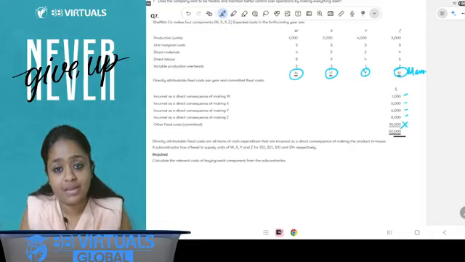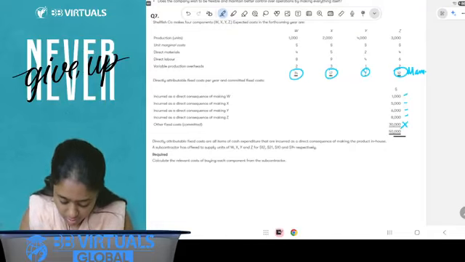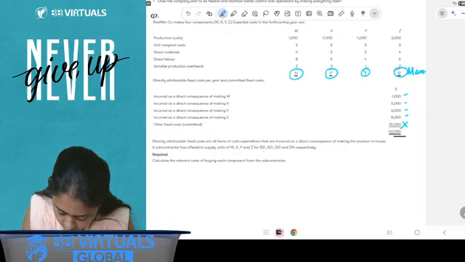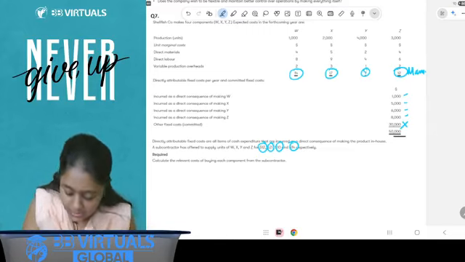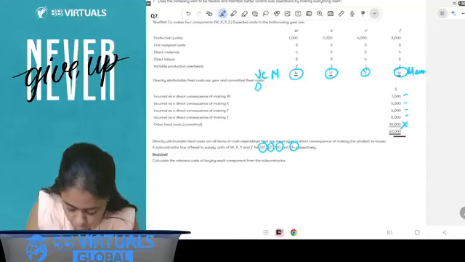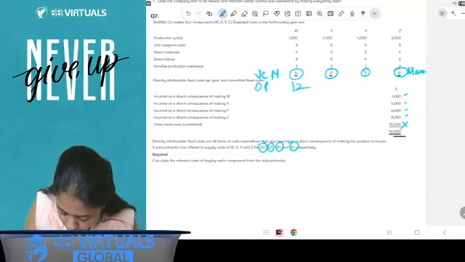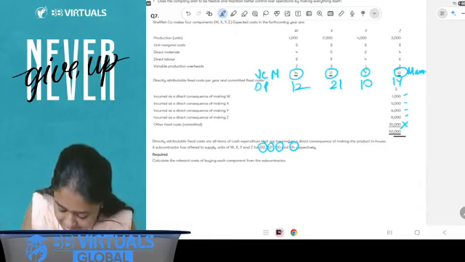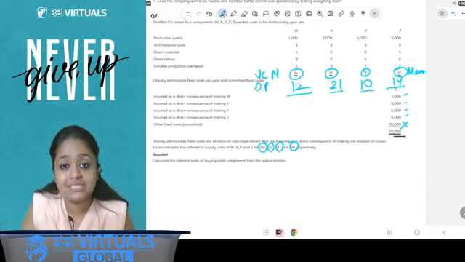Boss, this is not relevant. You know why. Now, the subcontractor has offered 12, 21, 10 and 14. So this is the manufacturing variable cost and this is the outsourced price. Now let's see the extra cost or savings.